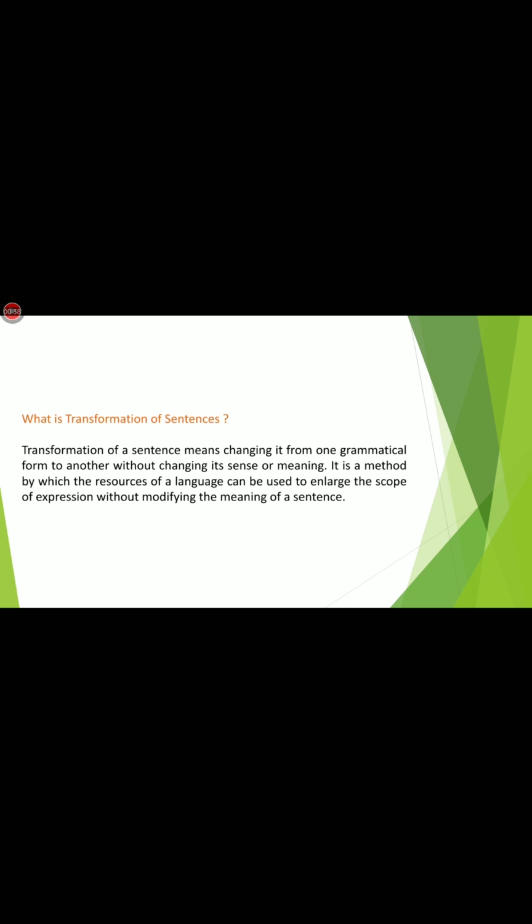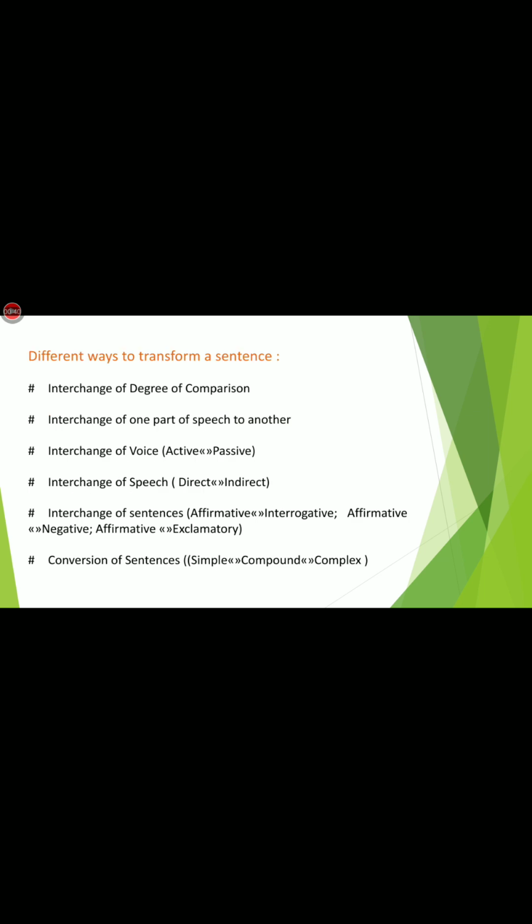Now, what are the ways of transformation of a sentence? We can interchange degree of comparison. We can interchange one part of speech to another, interchange the voice, that is from active to passive, interchange of speech, that is direct to indirect, interchange of sentences, that is from affirmative to interrogative, affirmative to negative, affirmative to exclamatory, and vice versa.